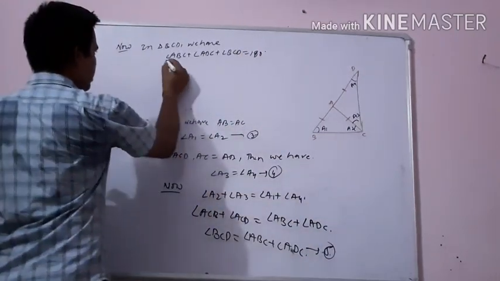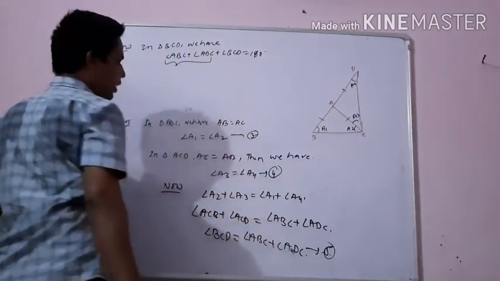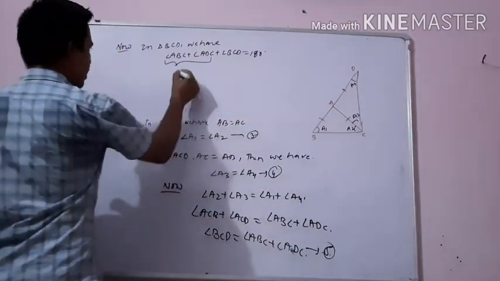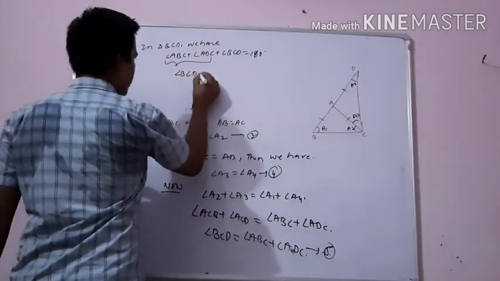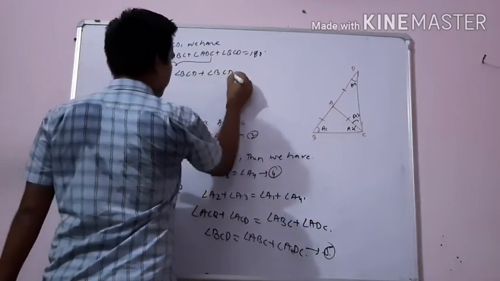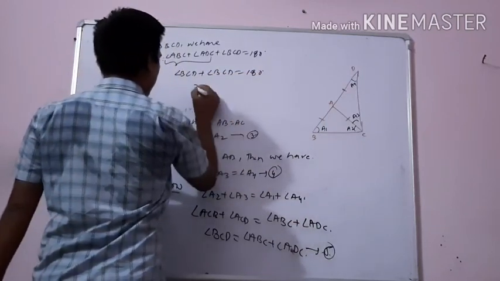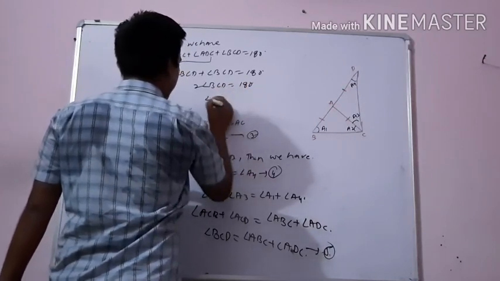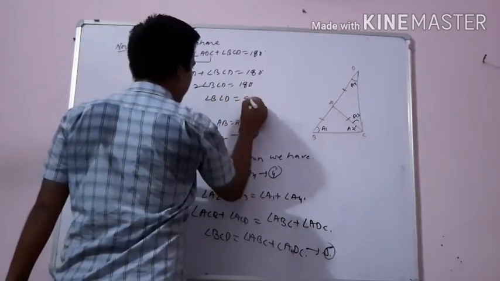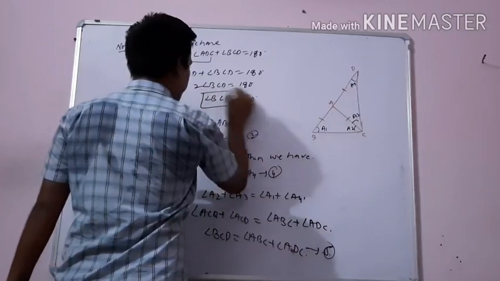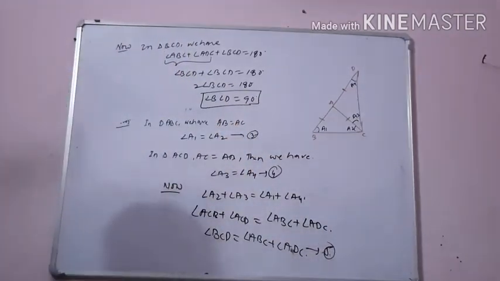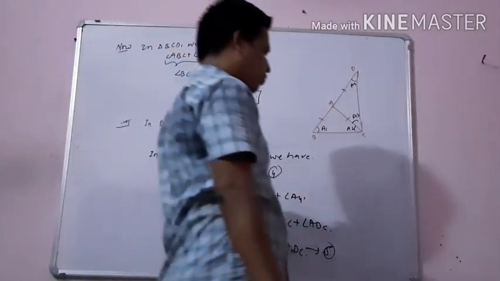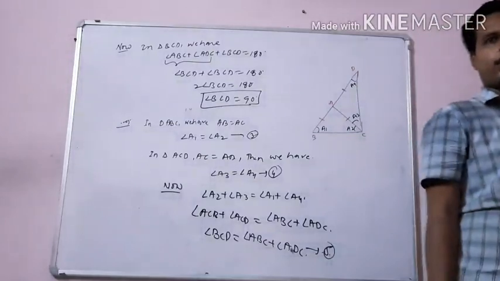Now in place of angle ABC plus ADC we can write angle BCD. So BCD plus angle BCD equals 180. Twice BCD equals 180. So angle BCD will be 90 degrees. What we want to prove? We want to prove angle BCD is the right angle. So the value of angle BCD is 90 degrees.